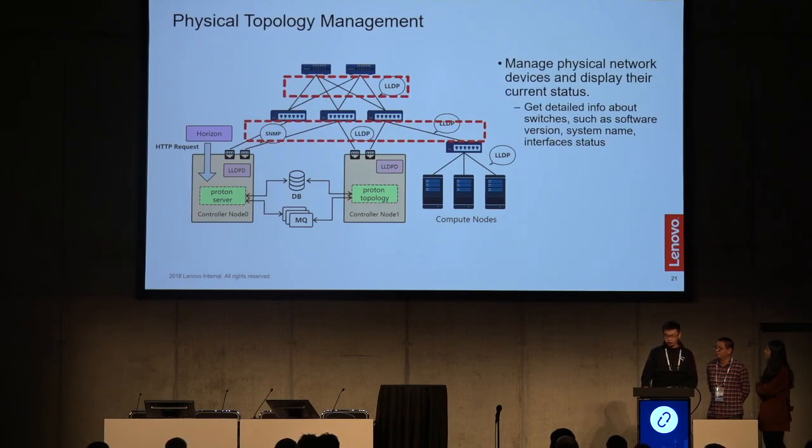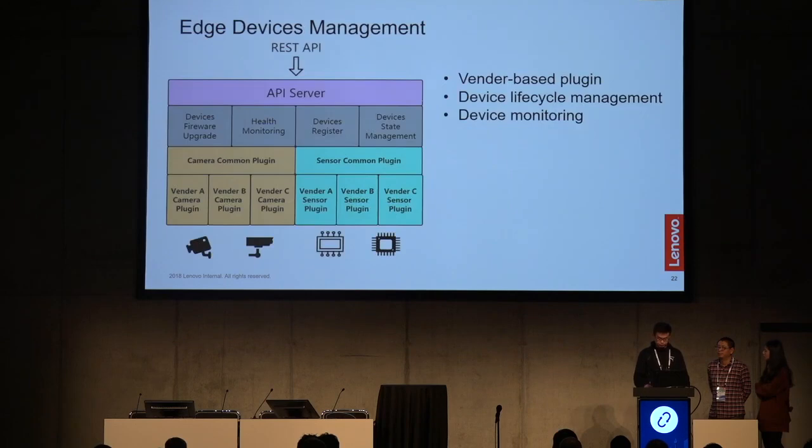Briefly, we enable the LLDP feature in switches and install the LLDPD process in servers. So we can get the whole network topology by running the LLDP protocol between switch to switch or switch to server. At last, we use the SNMP protocol to get the LLDP information, so we can get detailed information about the switches, such as software version, system name, and interface status.